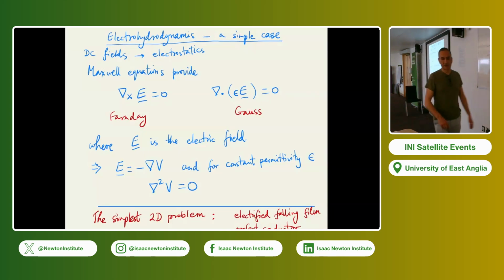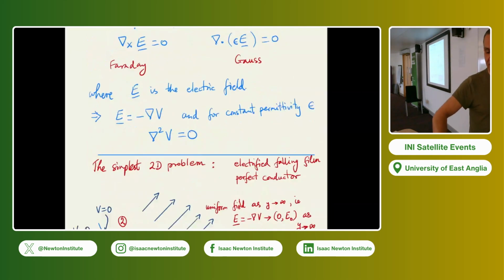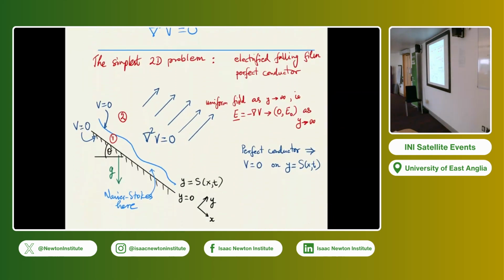So let's move to the simplest 2D problem now, and I'll show you how we can do an analysis to get equations that describe this. So I have a falling film. Suppose I have a plate at a certain angle theta to the horizontal.